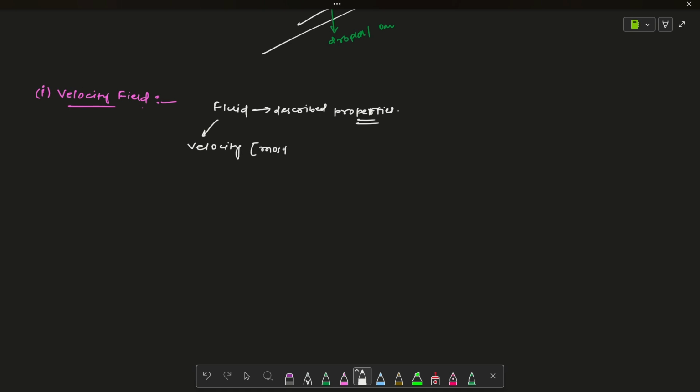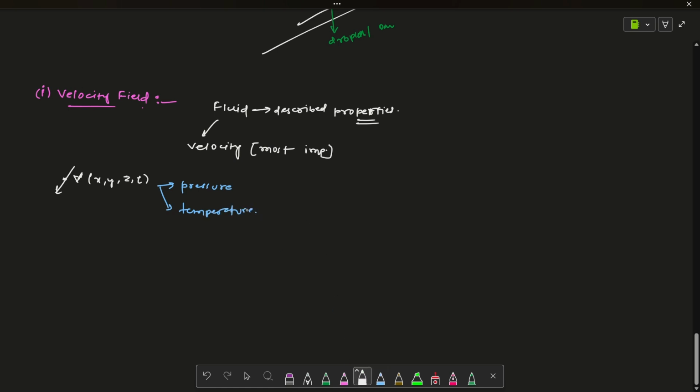Suppose we know the velocity of the fluid at any point x, y, z and time t. Then we can get to know the pressure and temperature of the fluid as well.